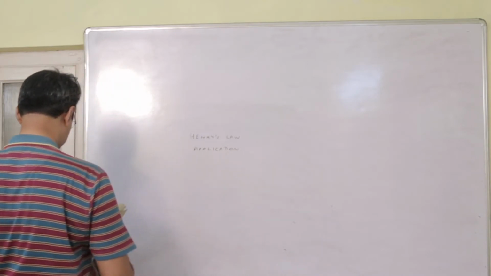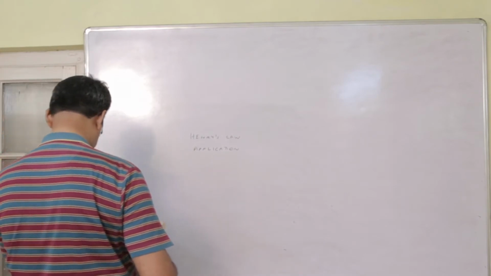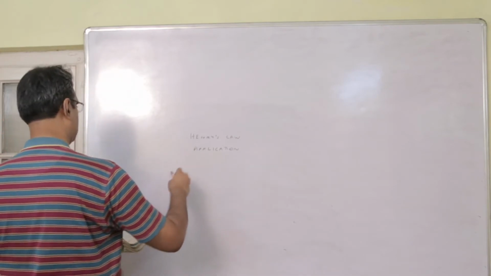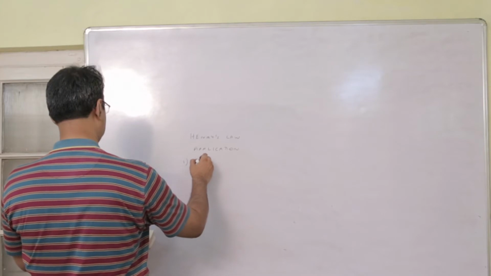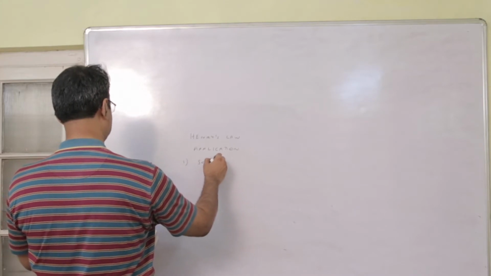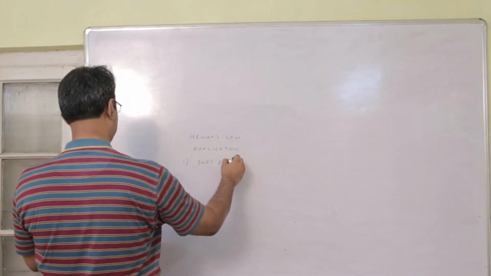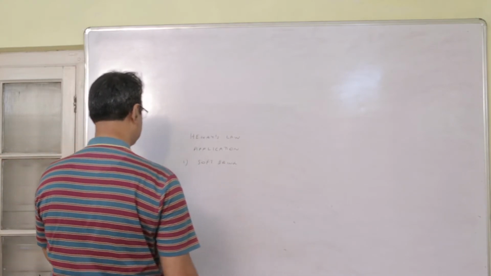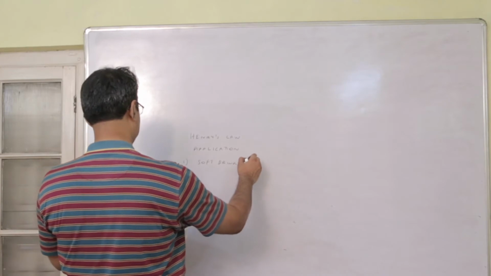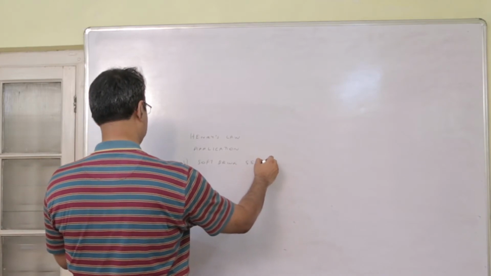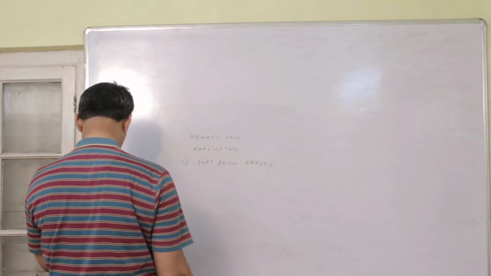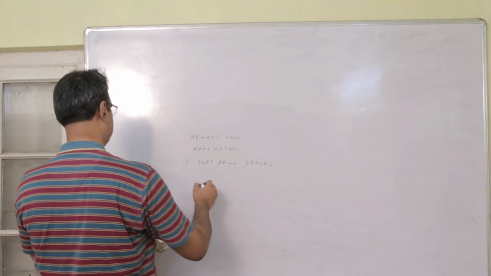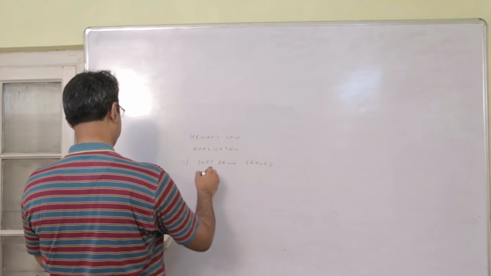Then we come to application of Henry's law. First of all, soft drink bottles, they are carbonated. So to make sure that the carbon dioxide dissolves, the soft drink bottle is sealed under high pressure.